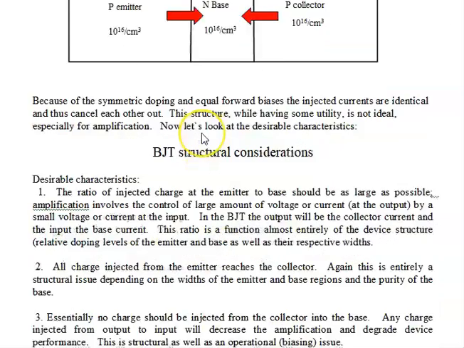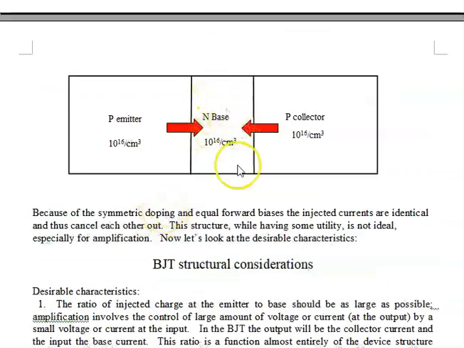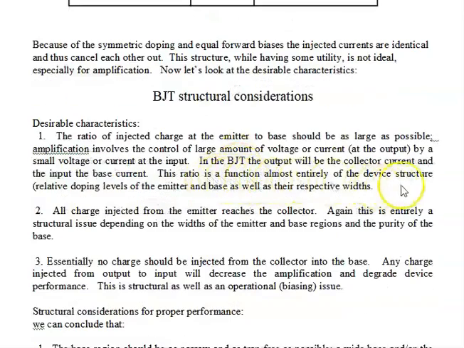And that makes sense because we want lots of current at the output. In the BJT, the output will be the collector current, and the input will be the base current. So we want the ratio of collector current to base current to be as large as possible.